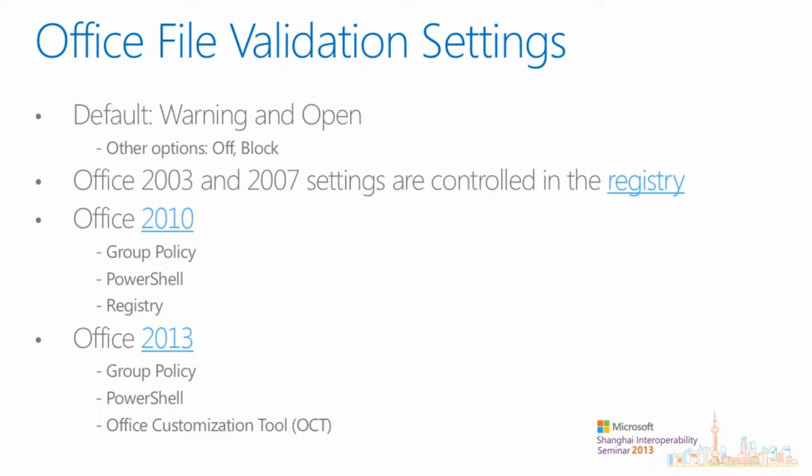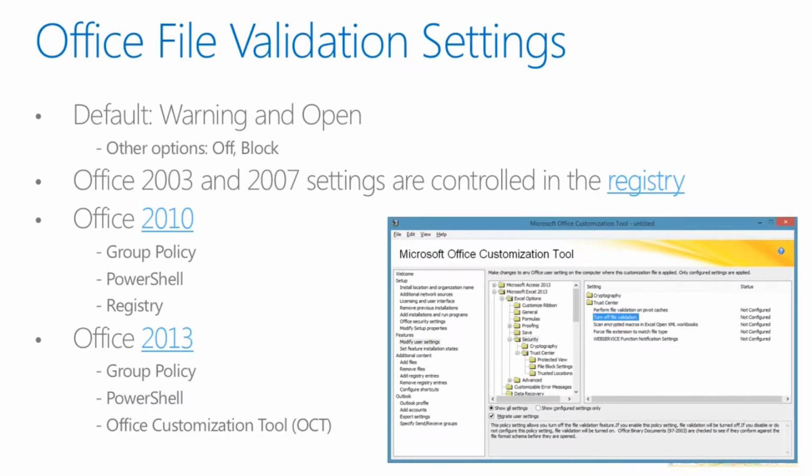For Office 2003 and 2007, the setting is done through the registry, so you can modify some of the registry keys and change the behavior. In Office 2010, they added group policy and PowerShell, and in Office 2013, they added the Office customization tool that allows you to change the validation behavior.